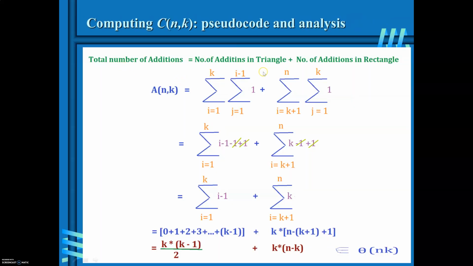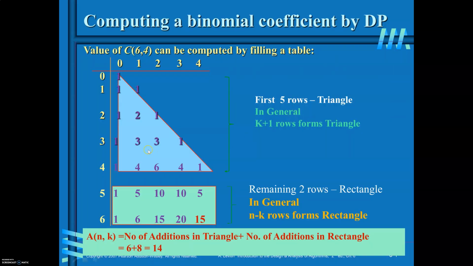So this is the equation. Total number of additions is equal to the number of additions in the triangle plus the number of additions in the rectangle. We require to find out the total number of additions in the triangle. Let me explain with the example.